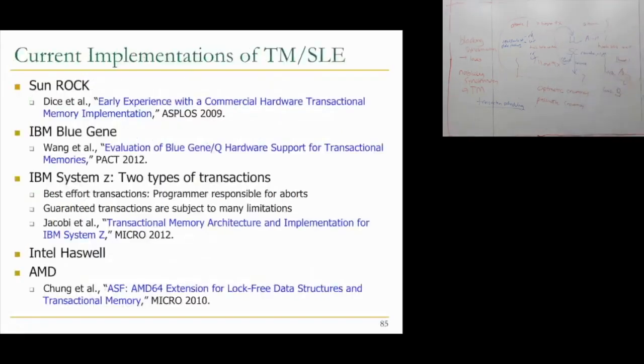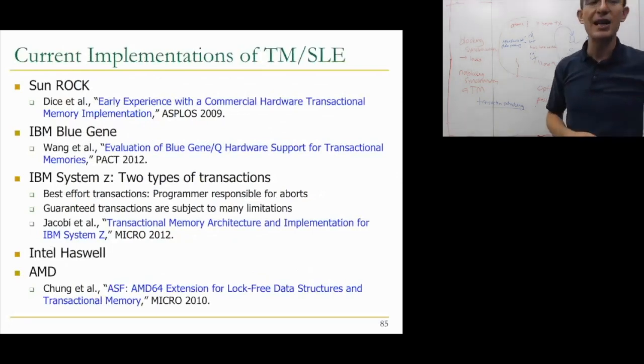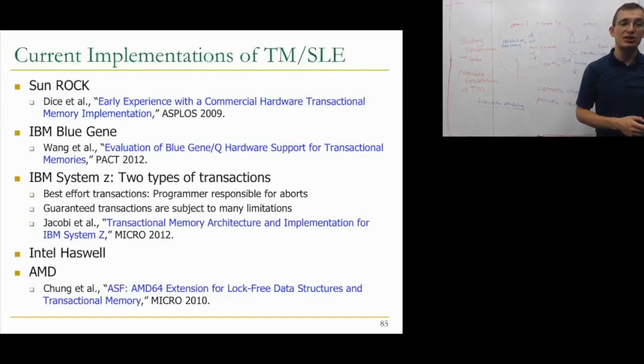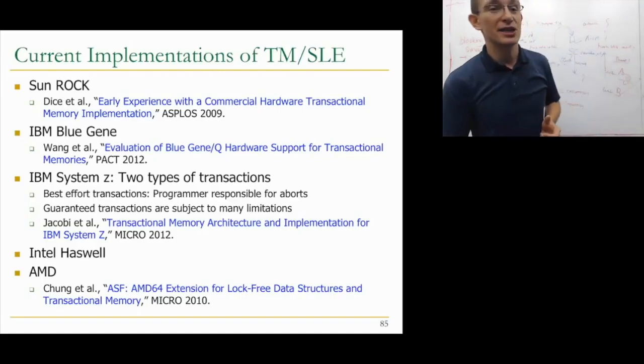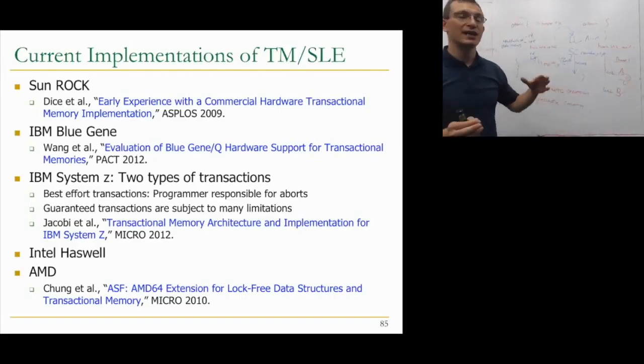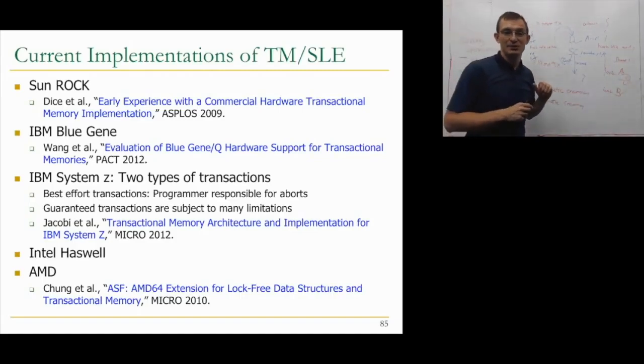Currently, there are many implementations of transactional memory. Some of them are in machines that have never seen the light of day. Some of them are in machines that you can actually buy and use today. Sun Rock was one of the earliest implementers of transactional memory. Remember, this was a machine that implemented runahead execution as well. And actually, speculative lock elision and runahead execution have similarities.